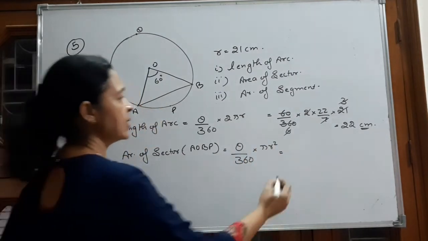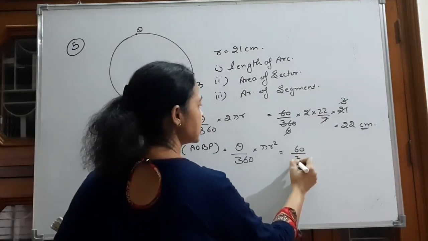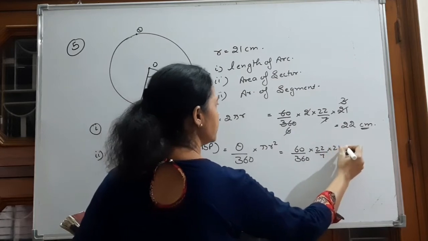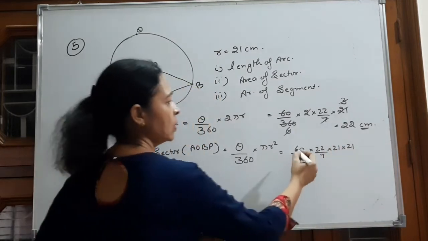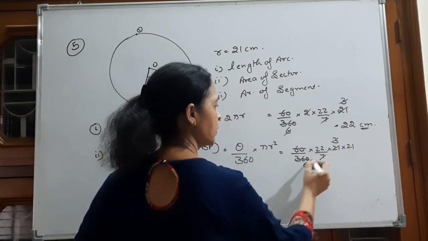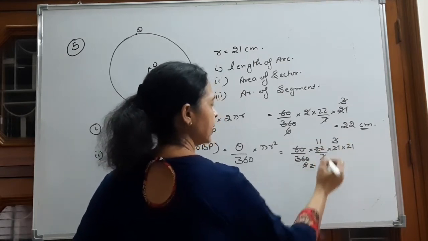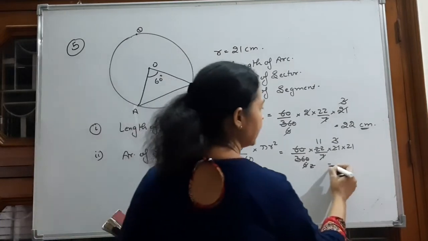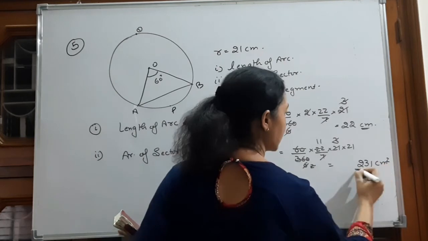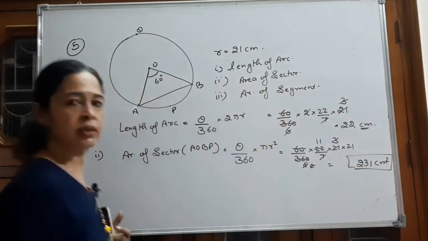That is, theta is 60 upon 360 into 22 by 7 into 21 into 21. That gives 11 into 21, which is 231 centimeter square. Area always comes in squares.